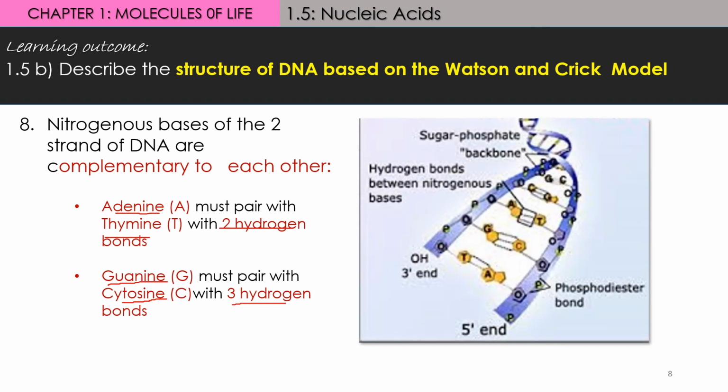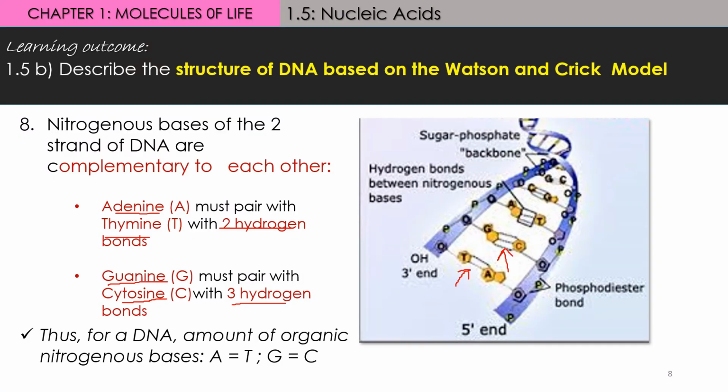Just take a look at this picture, and this picture has proven that thymine is bonded or complementary to adenine with 2 hydrogen bonds, and guanine is paired with cytosine with 3 hydrogen bonds.